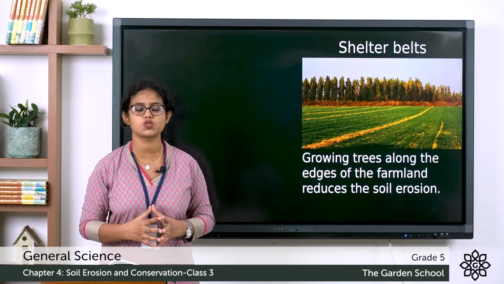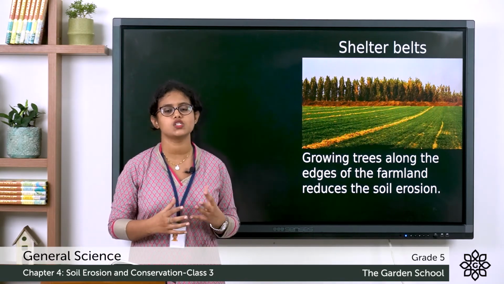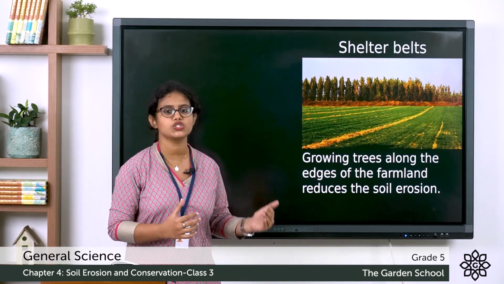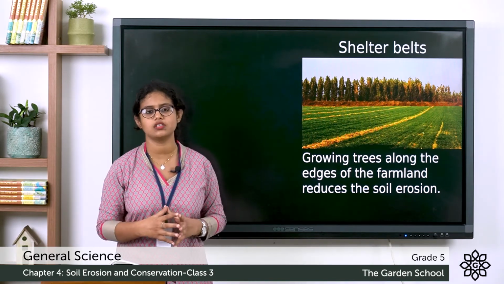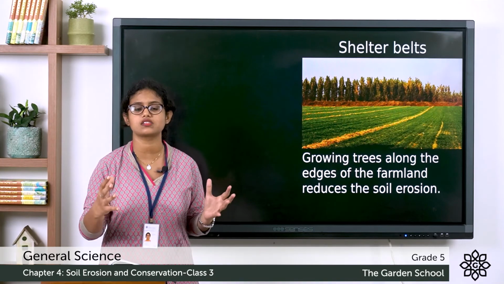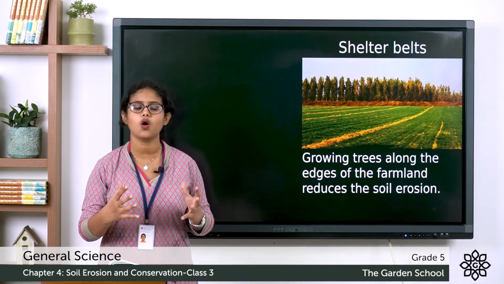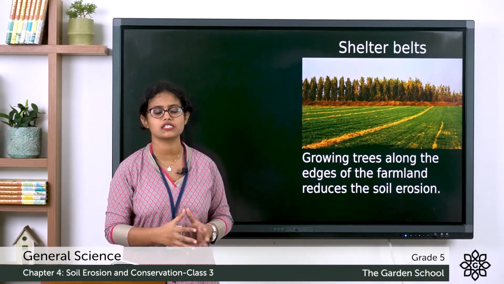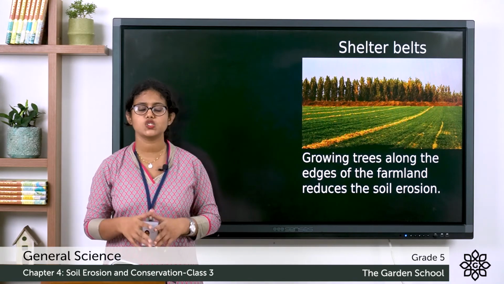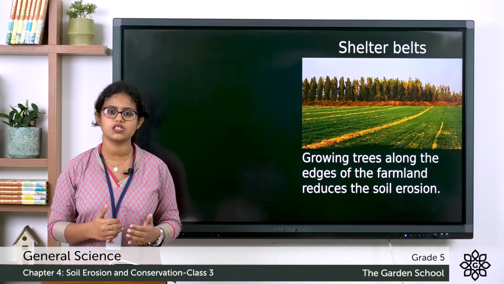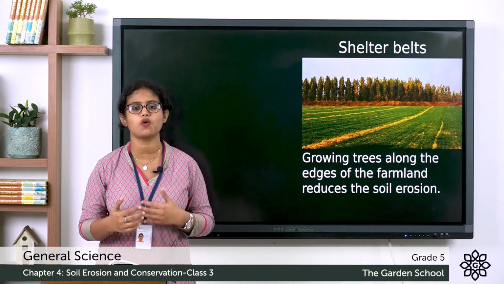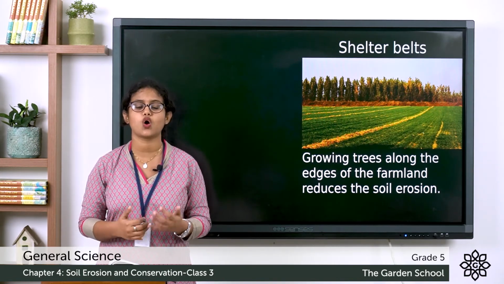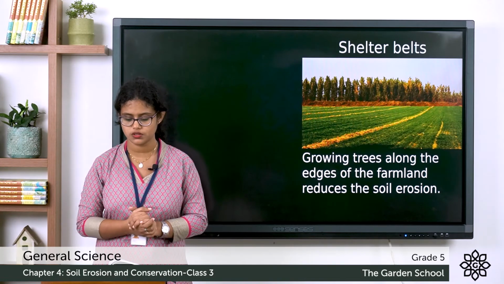So this is also another way to conserve soil. These plants protect the farmland, protect the soil from the strong wind. And this is called shelter belts. So these are some of the ways in which soil can be conserved, some of the ways to prevent soil from being eroded.